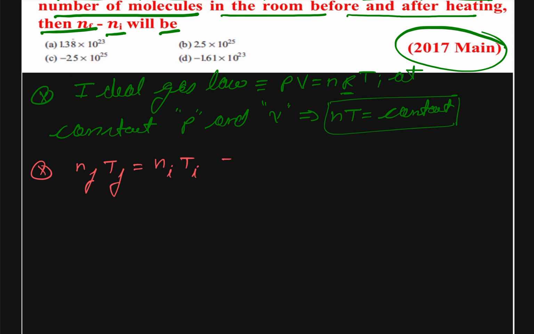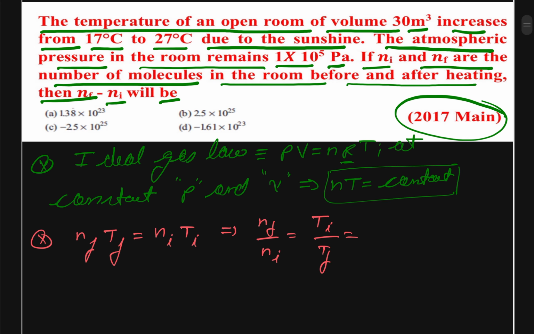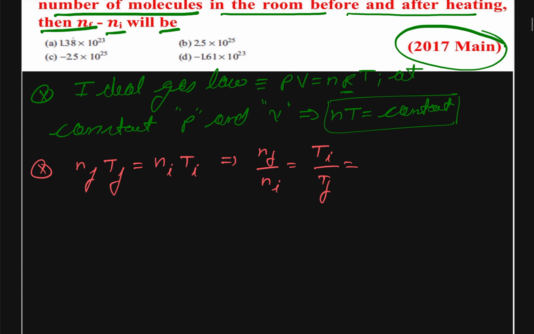So in terms of a ratio, we can write this as Nf upon Ni will be equal to Ti upon Tf, and initial temperature is our 17 degrees. So in terms of Kelvin, that will be 290 and 300. So this ratio comes as 29 upon 30.